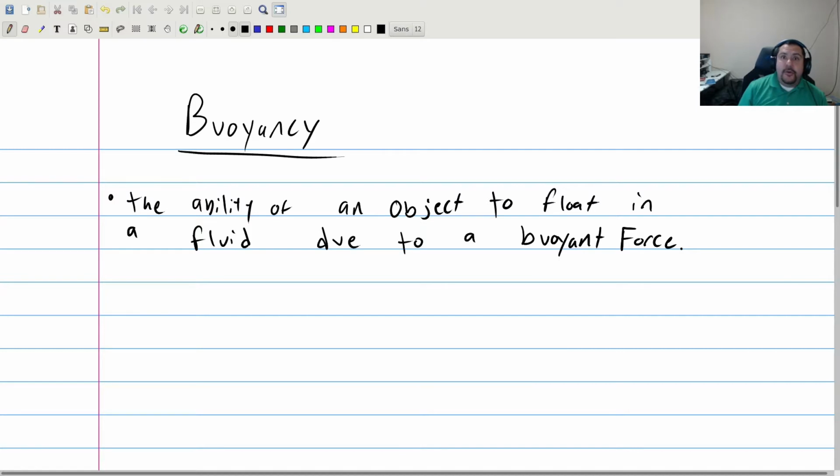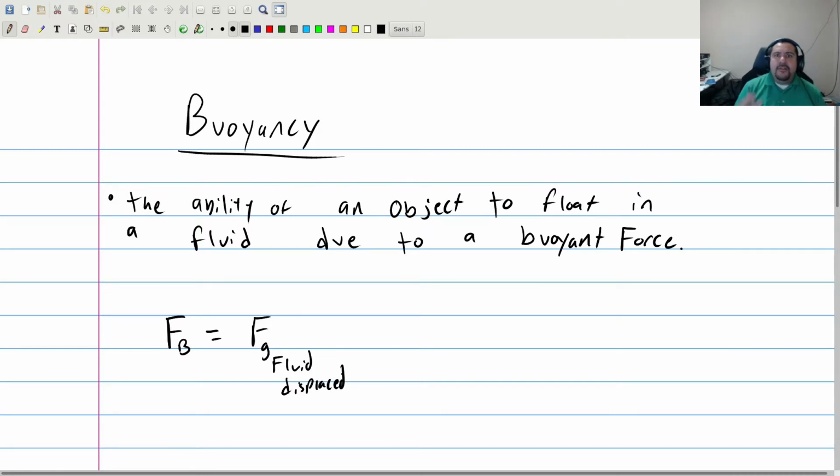So what's the formula for buoyant force? Well, we remember from earlier that it was the weight of the fluid displaced. So the buoyant force, Fb, is equal to the force of gravity on the fluid displaced.